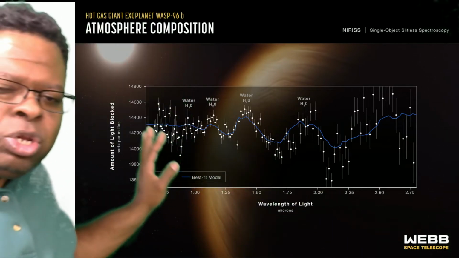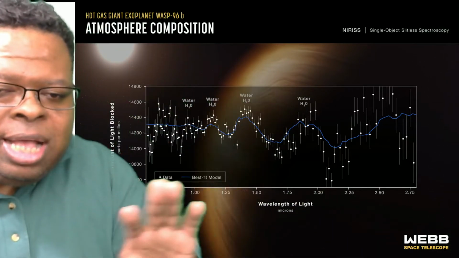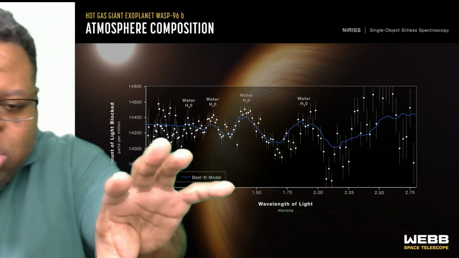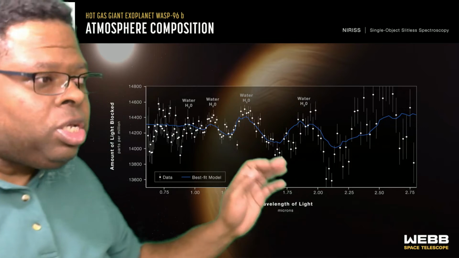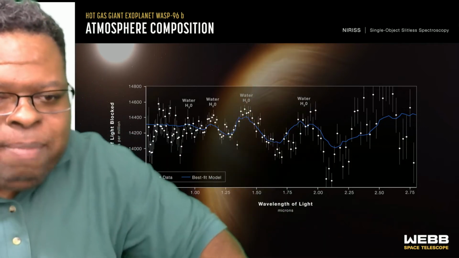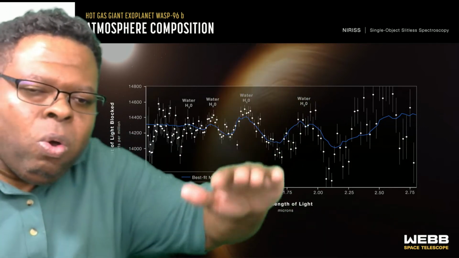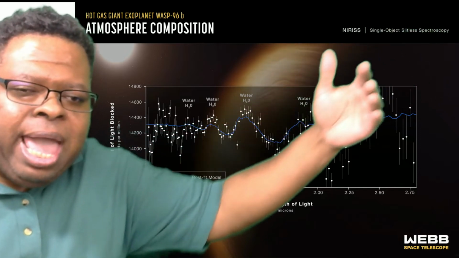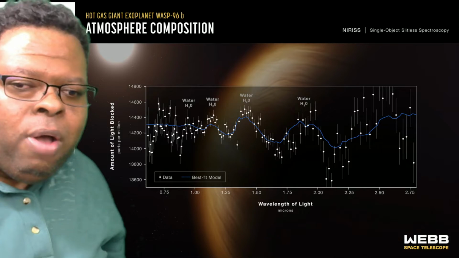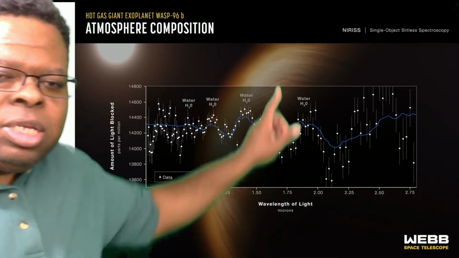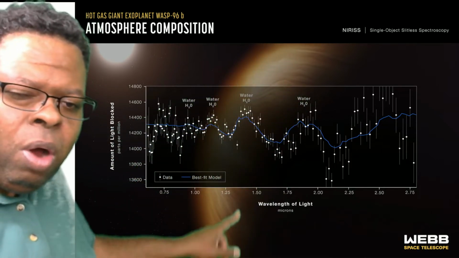So you have to catch the planet when it's transitioning in front of the star, because you want to see the edge of the atmosphere. You want to see the glow of the light from the star focusing through and around the atmosphere. This is why you see that glow around the edge.